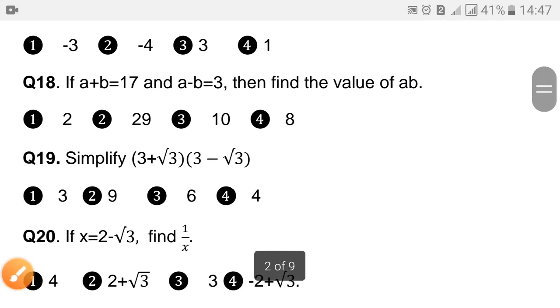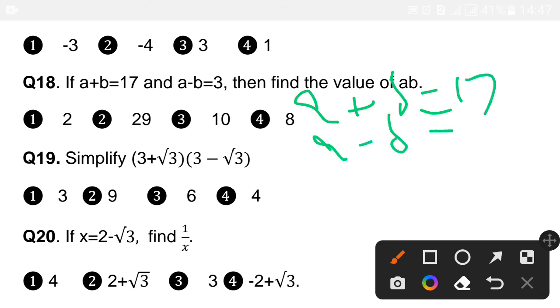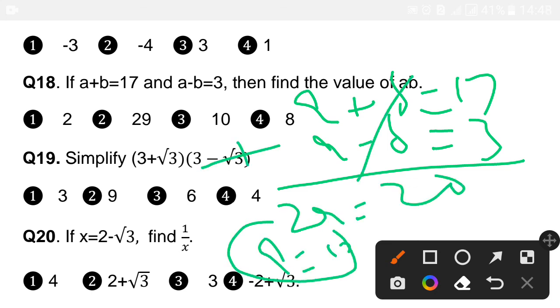Question number 18 is if a plus b is 17 and a minus b is 3, then find the value of ab. Now we have two equations, a plus b is 17 and a minus b is 3. By adding these two equations, we get 2a is equal to 20, or a is equal to 10. Now for b, we put the value of a in the first equation.